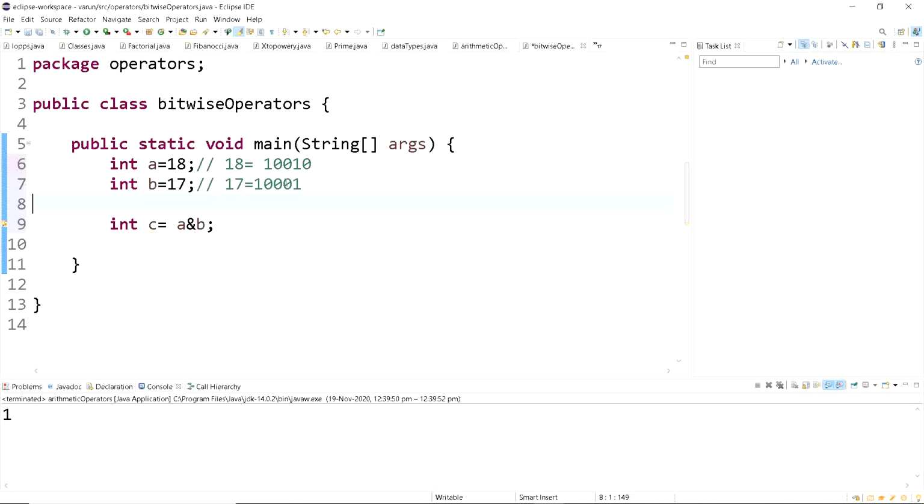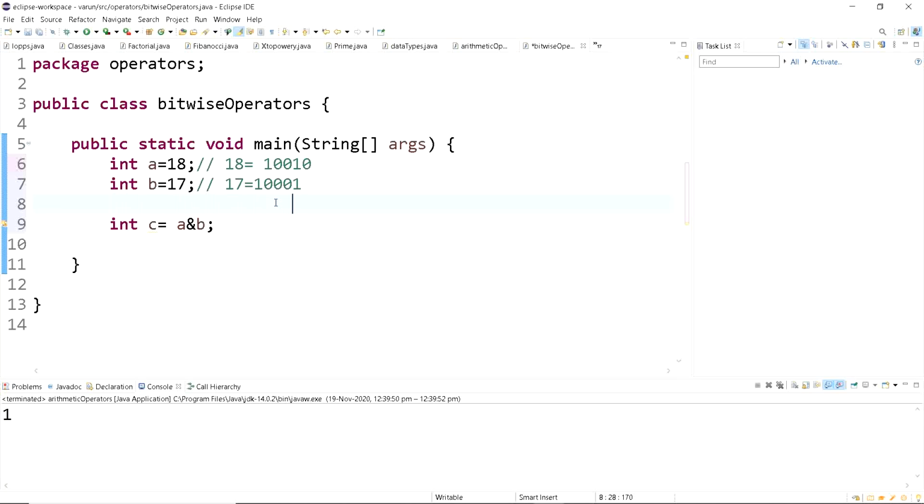So what we are doing here is a AND b. You know how the AND operator works: even if there is one false statement, it is totally false. We'll go from the right hand side. I will not write it here because it might not be easy.